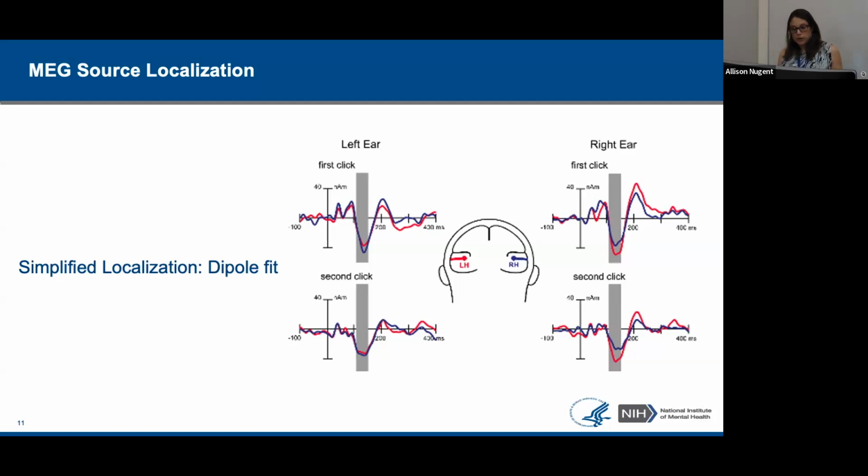If you have an auditory stimulus, in this particular example a click, you can assume you have two sources, one in the left auditory cortex, one in the right auditory cortex, and you can actually localize that very accurately using one or two dipolar sources.